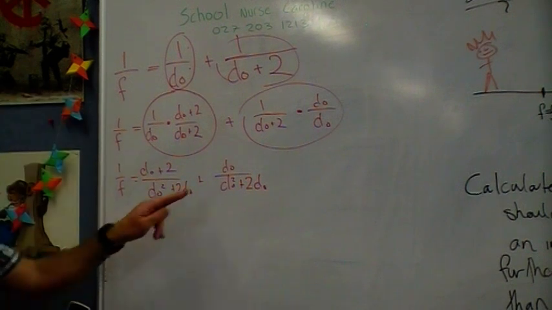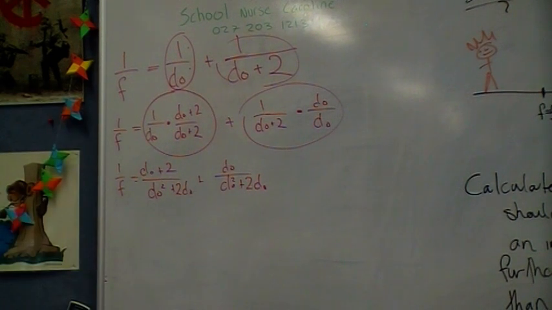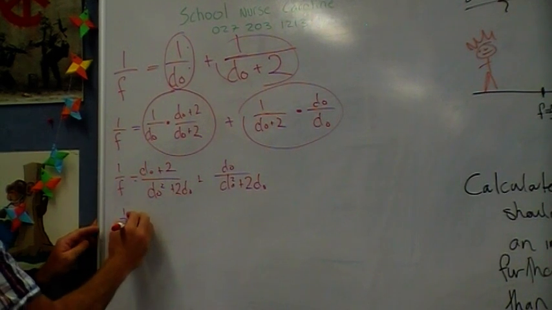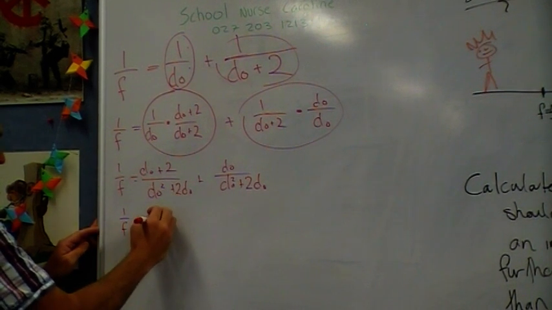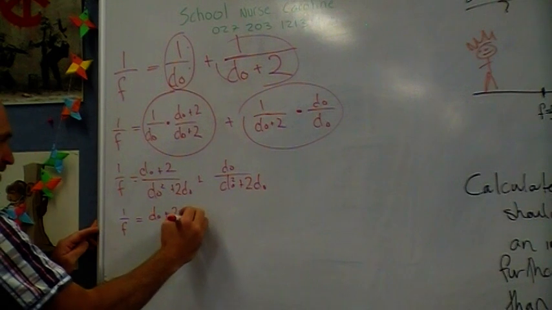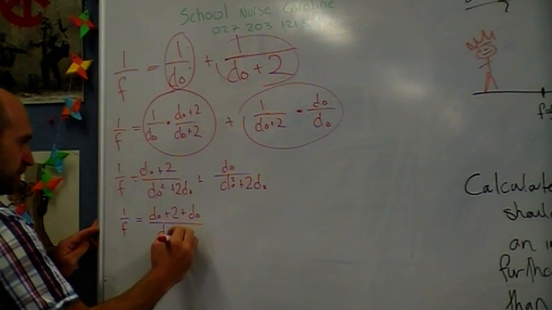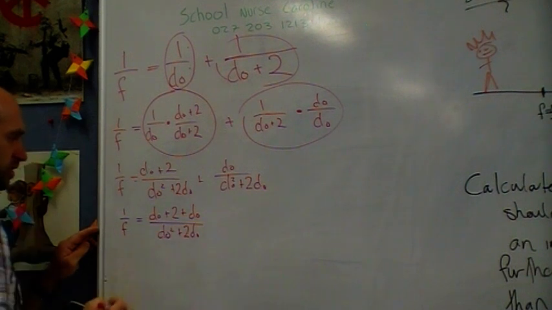Look, common denominator. Now we can add those together. 1 over f equals do plus 2 plus do over do squared plus 2do.